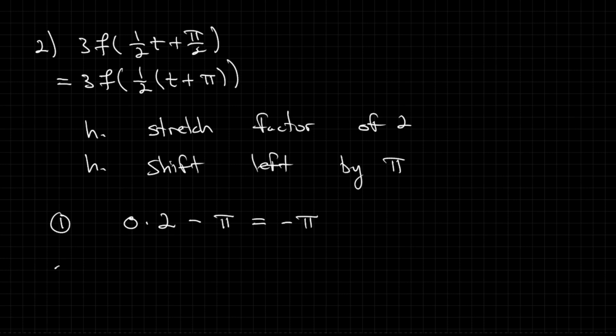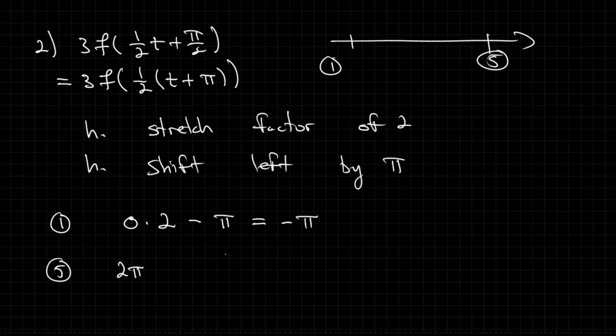And then the last t-coordinate, remember if you have a number line, we're looking for the 5 important t-coordinates. I find the first and the fifth. First, to get the 5th t-coordinate, you take the 5th t-coordinate of the parent function, which is 2 pi. You multiply by 2, you subtract pi. So in this case, you would get 4 pi minus pi, which is 3 pi.